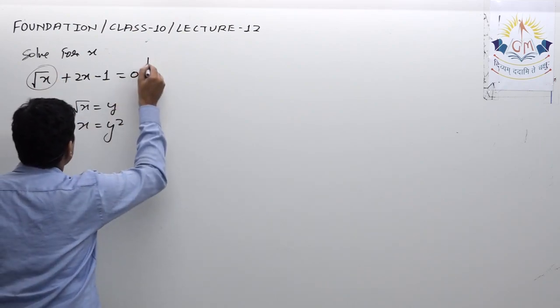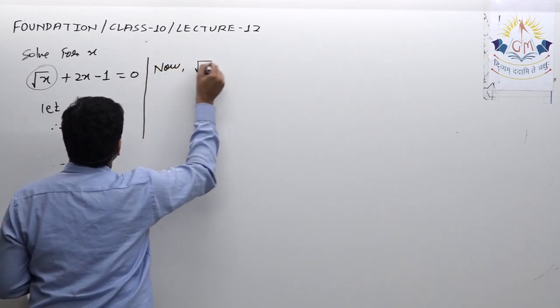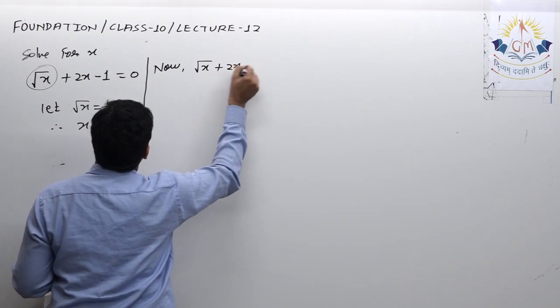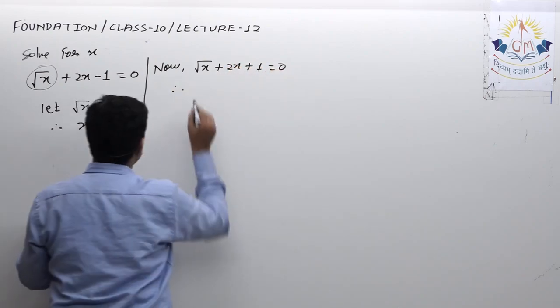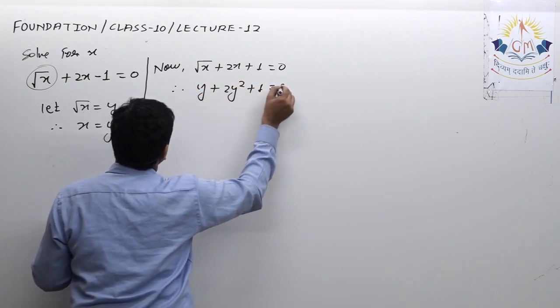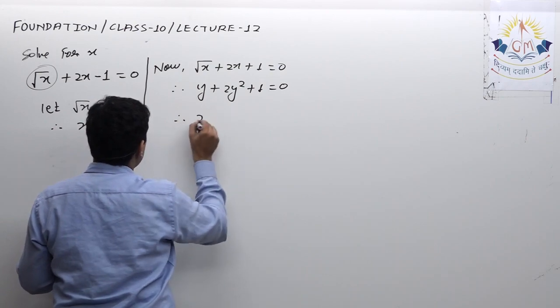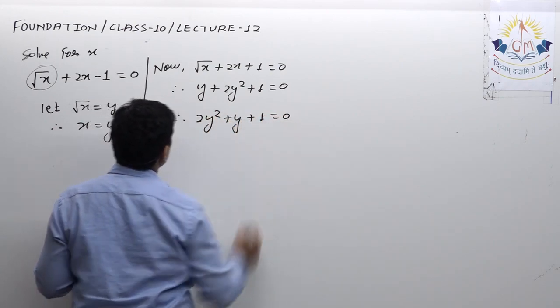Okay, so let me solve this over here. Now we have root x plus 2x minus 1 equal to 0. Now root x is equal to y, so y plus 2y square minus 1 equal to 0. That is 2y square plus y minus 1 equal to 0.